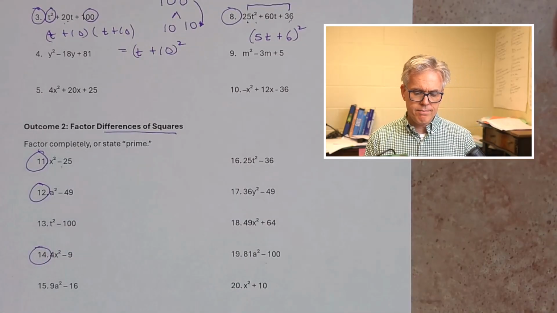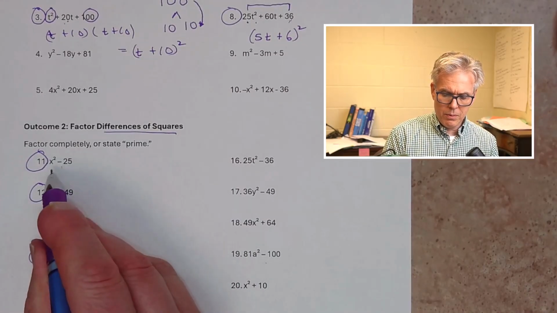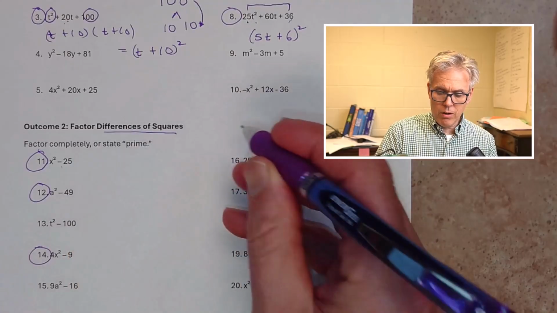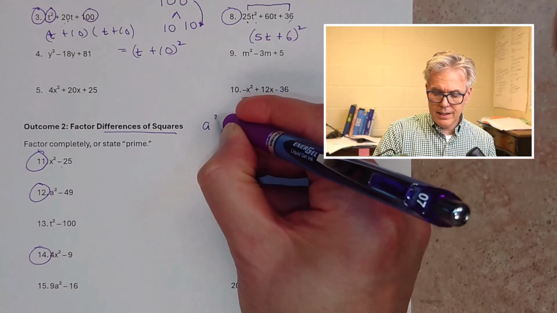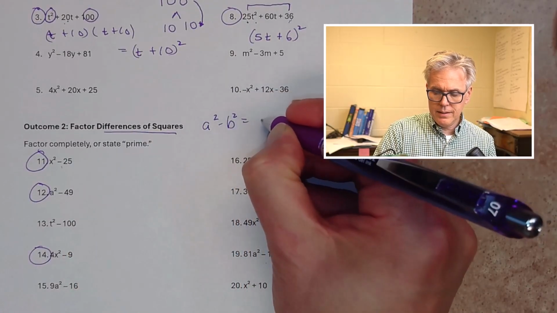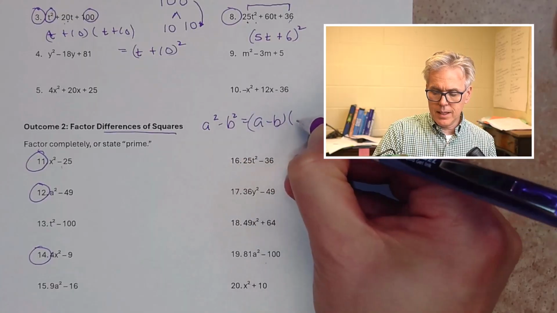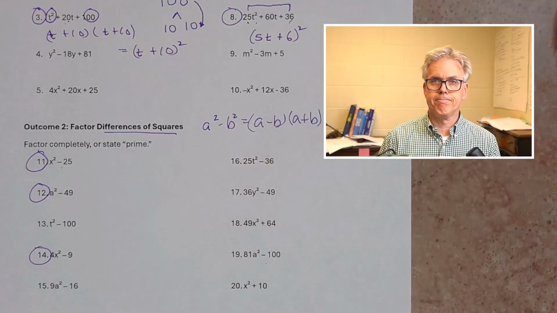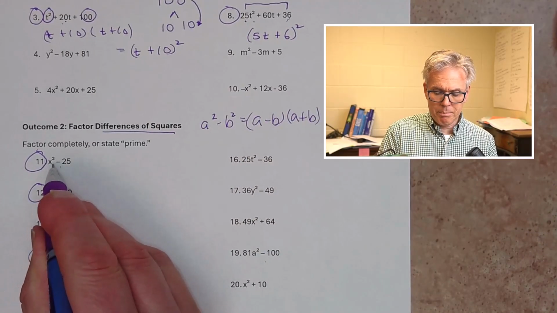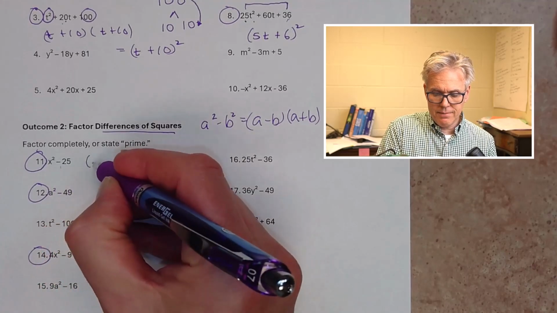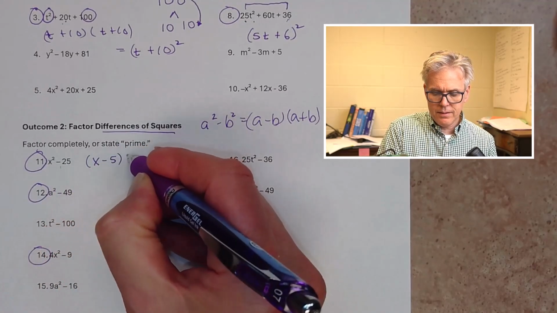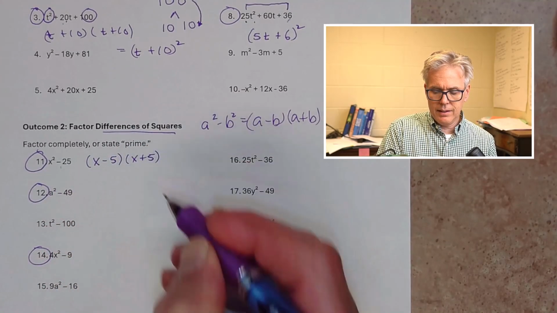11, 12, and 14. So we have x squared minus 25. Recall, the difference of squares, a squared minus b squared, is a minus b times a plus b. So this is the difference of squares. These are both perfect squares. And so I'm going to have x minus 5, x plus 5.